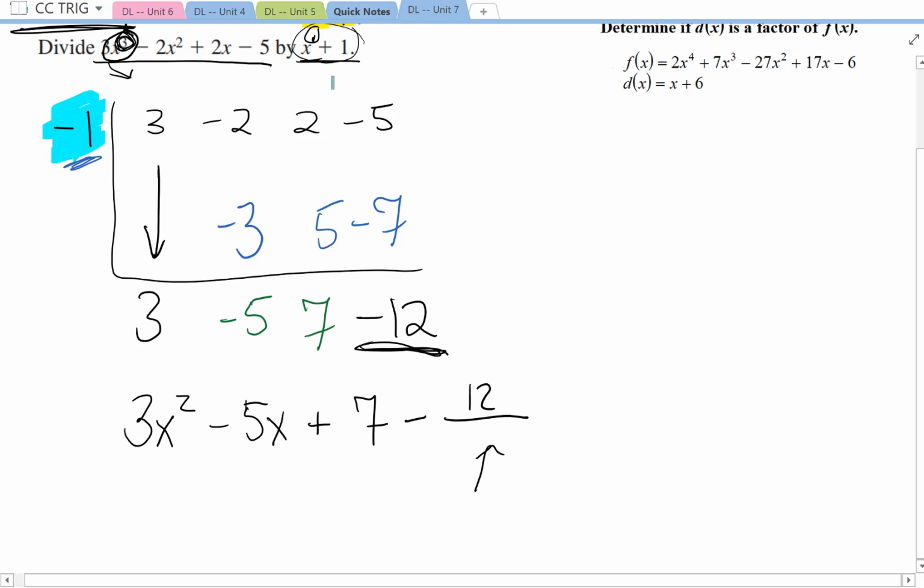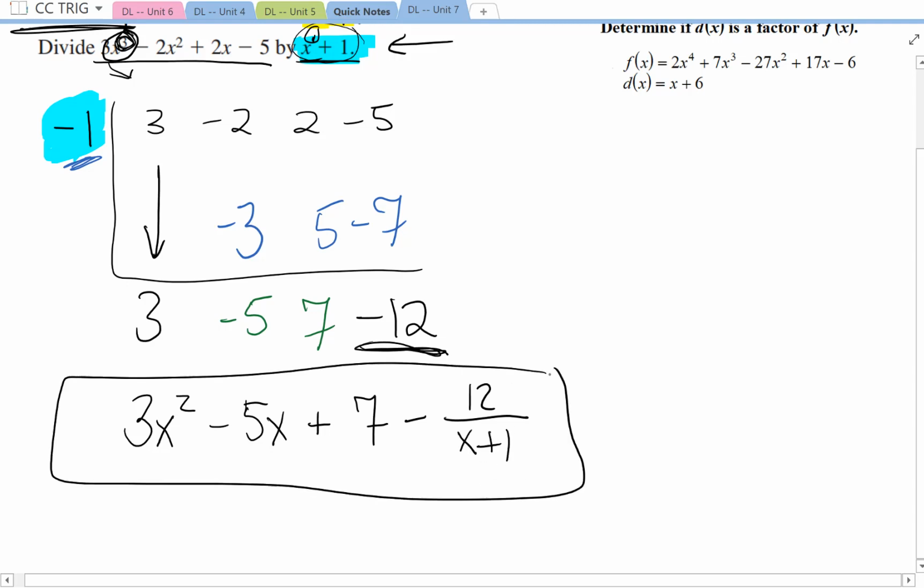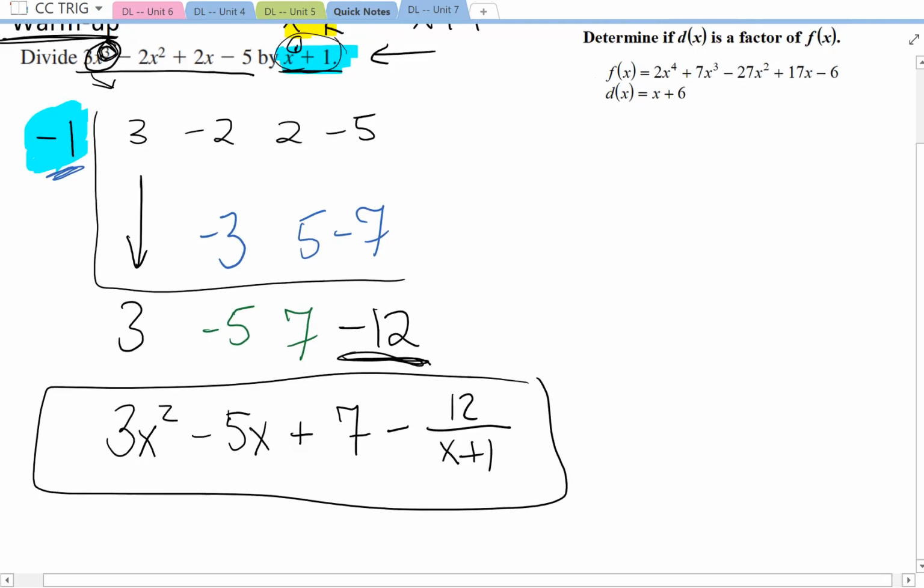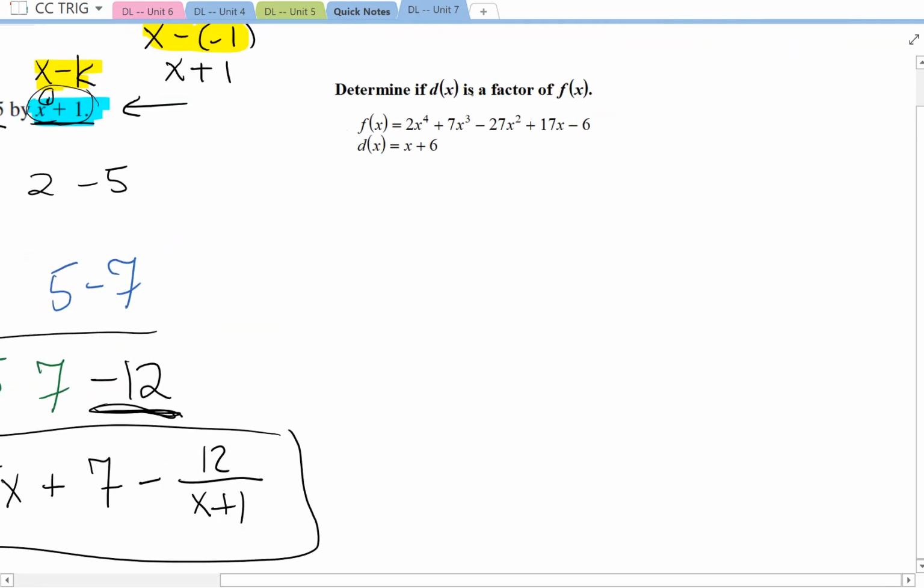What we're dividing by is x plus 1, so that must be our denominator, x plus 1. This is the polynomial you get when you divide this by this. Determine if d of x is a factor of f of x.